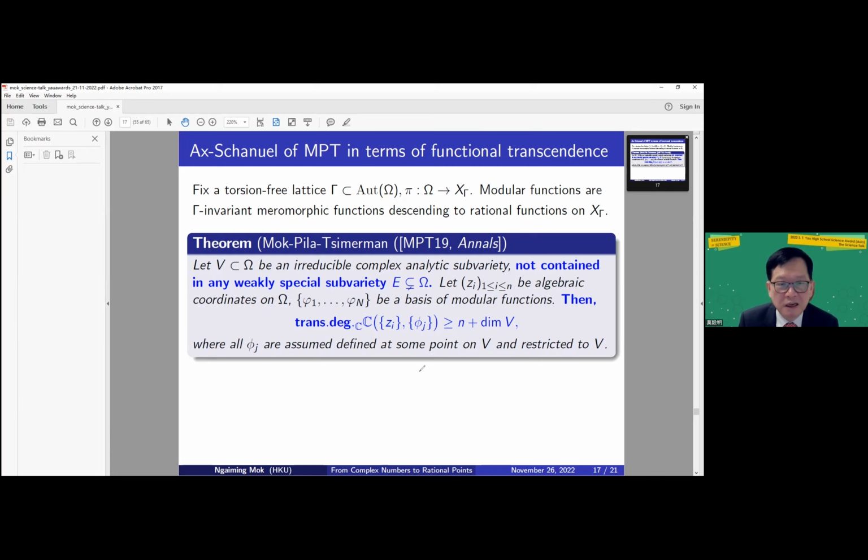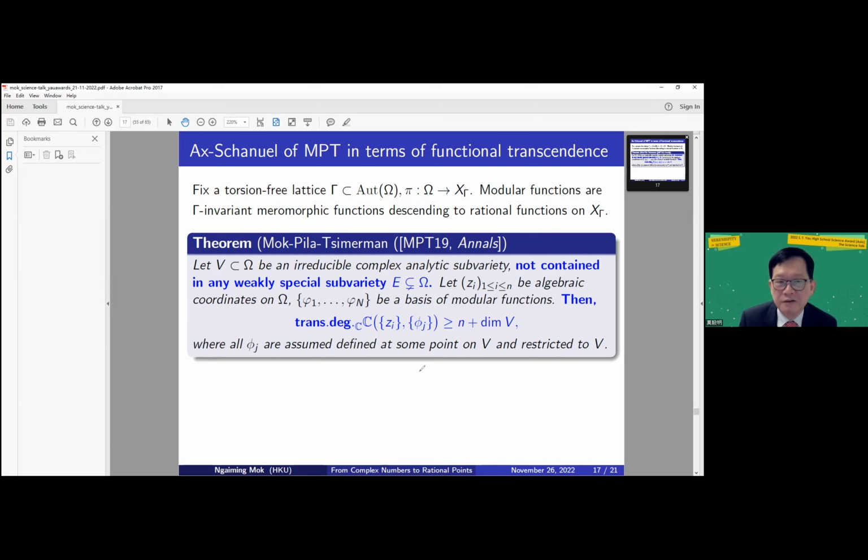For instance, instead of having this subset V in Omega, we get V in some smaller Omega prime. Then the expected inequality would be, instead of N, the dimension of Omega prime, which could be very small in comparison to N. So the Ax-Schanuel conjecture for Shimura varieties says that you have this inequality provided that V is not contained in any weakly special variety.